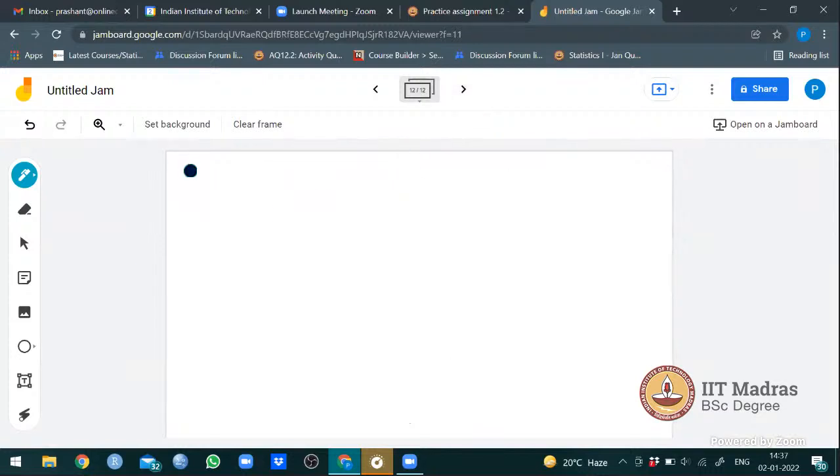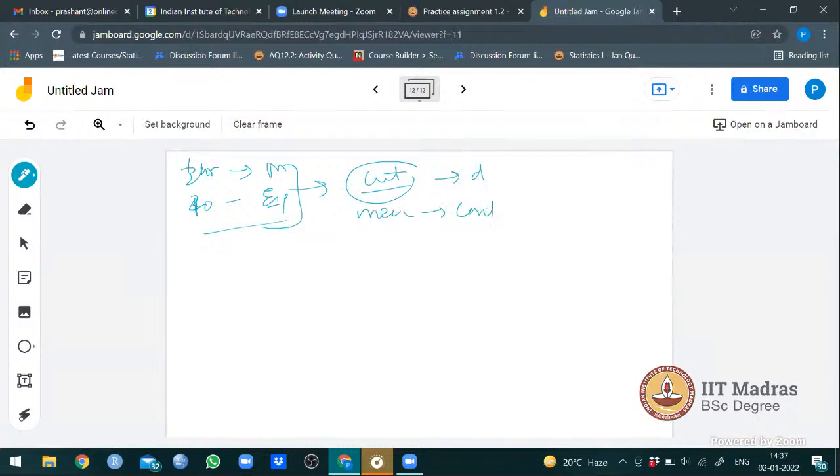Suppose there is an extra half an hour for math and 40 minutes for English. That will be discrete. So just go with the concept of count. If you can count, then it will be discrete, and if you can measure, it will be continuous.